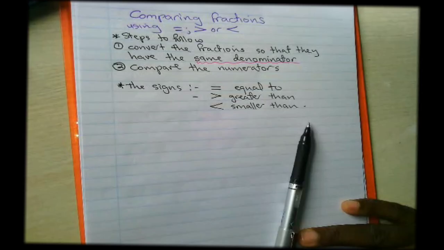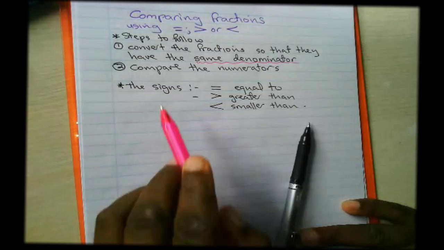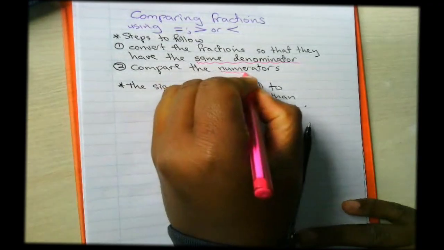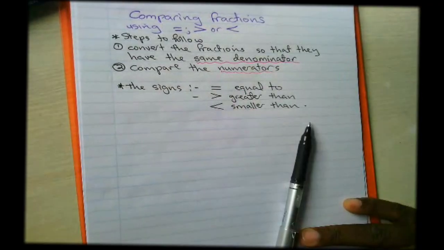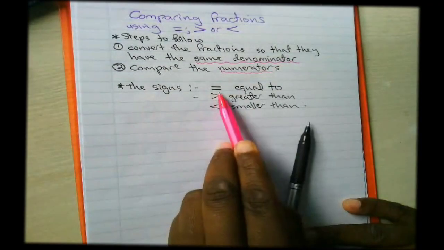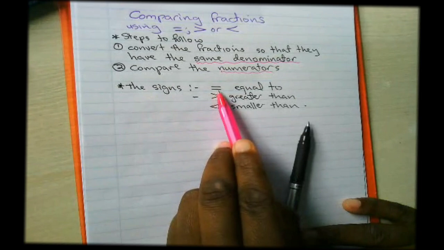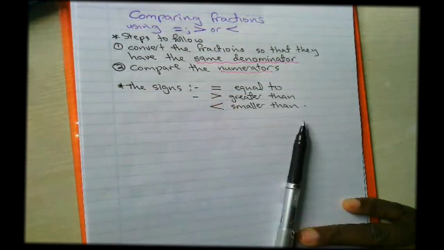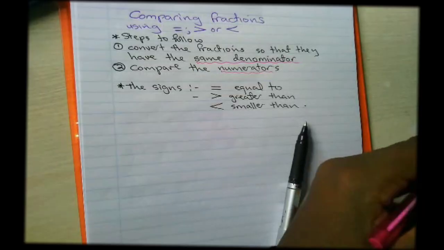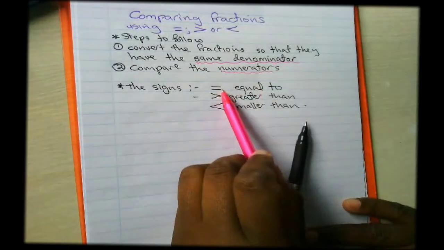And then when you have converted them, and when the two fractions have the same denominator, you can now compare the numerators. These are the signs that we are using. The first one is equal to. This one is telling us that the fraction on the left and the fraction on the right are equal, or they are of the same value.